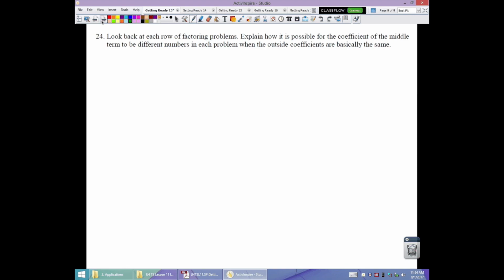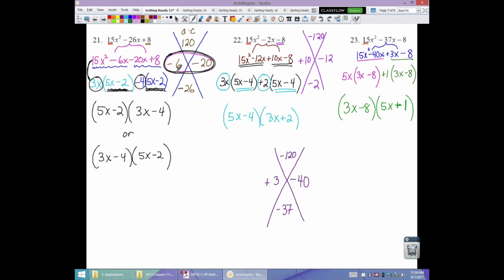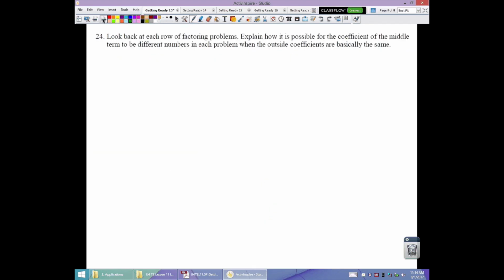I'm going to allow you to put that in your own words, but it has to do with using different factors, right? Building that number out of different factors. Here we build it out of -6 and -20. Here we use 3 and -40. Here we use 10 and -12. So when you change the factors that you use to get that product, it changes the sum or the B term.